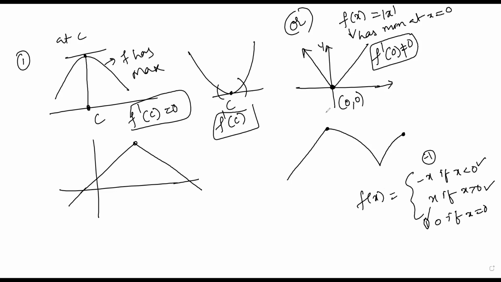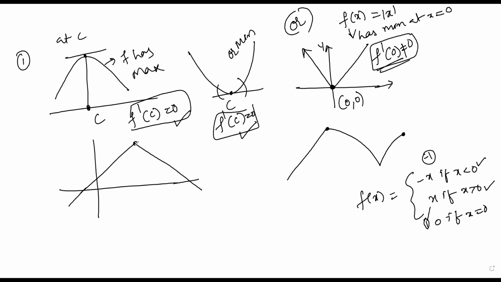So what he's saying is, if f has either a maximum or a minimum, then f dash of c is 0 or f is not differentiable. If it is a local maximum or local minimum, one possibility is f dash of c is 0, another possibility is that f is not differentiable.